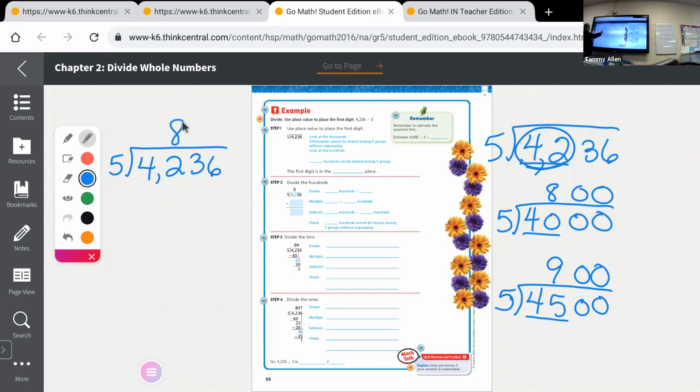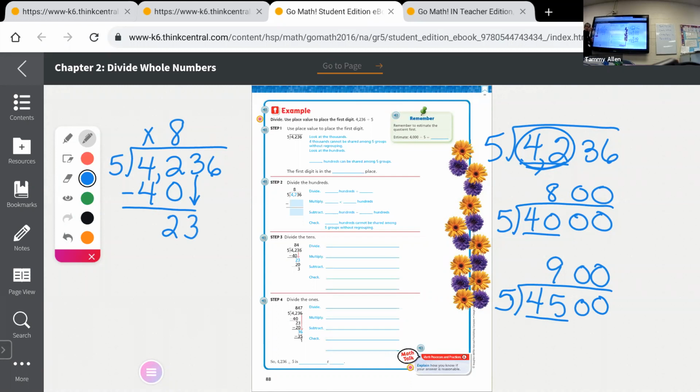The 8 has to go above the 2 because 5 does not go into 4, right? Does that make sense? Yes? 8 times 5 is 40. We subtract, we get 2. We bring down the 3.